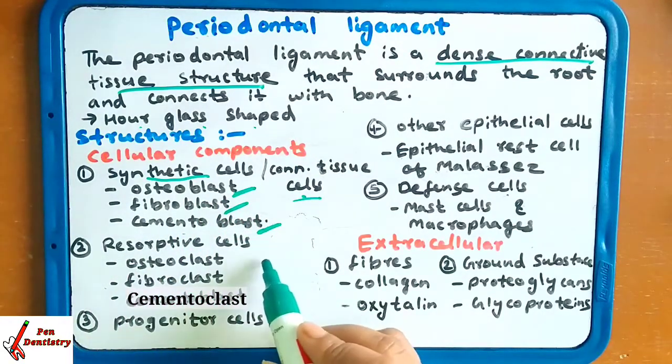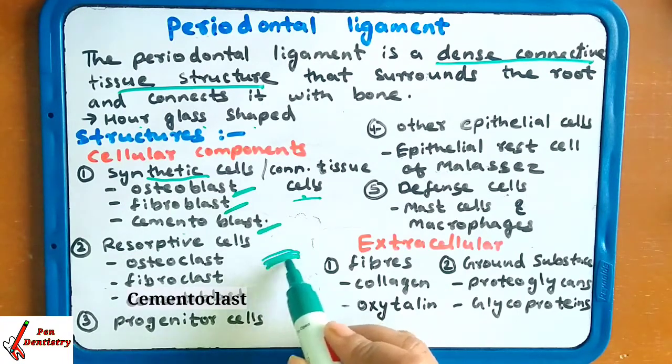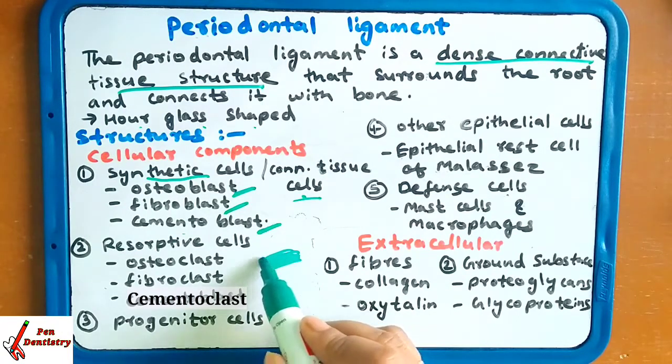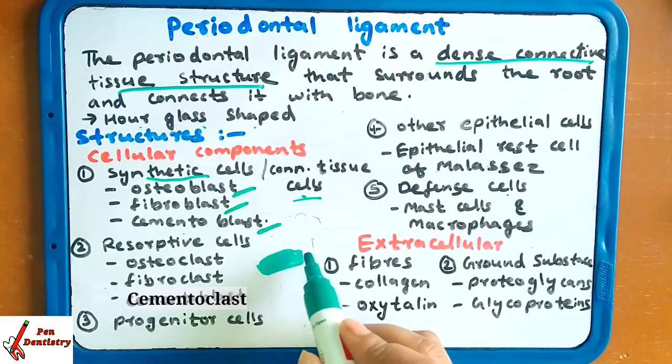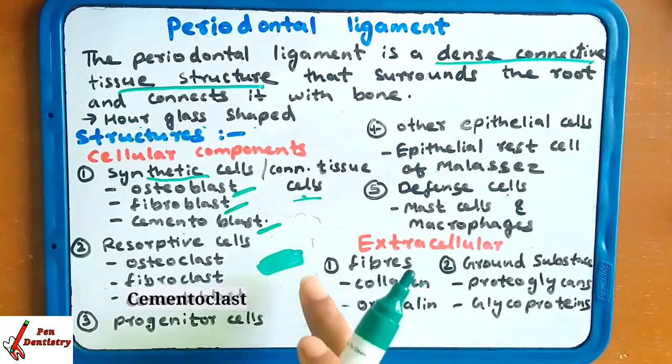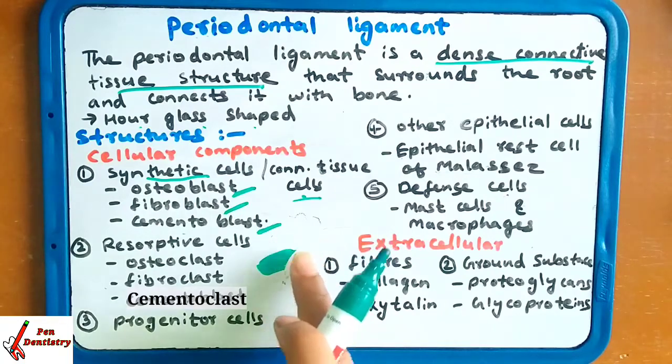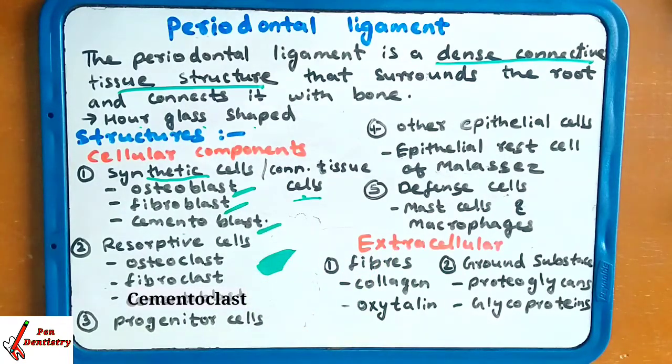The material which is synthesized is going to be resorbed, and for that resorption we need some cells. Osteoclast is for bone resorption, fibroclast is for fiber resorption, and cementoclast is for cementum resorption. And the third one is progenitor cells.